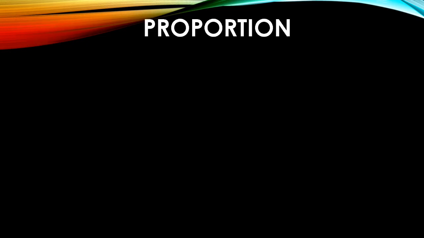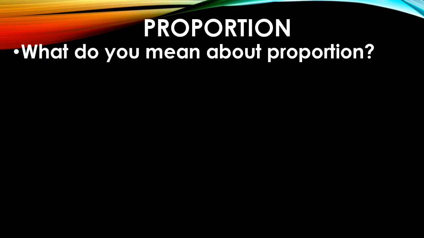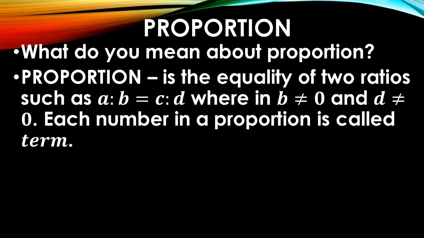Next is the proportion. So, ano nga ba or what do you mean about proportion? So, proportion is the equality of two ratios such as A is to B equals C is to D. So, dito kapag pinag-uusapan natin ang proportion, ang involved ay two ratios. Okay? Wherein, makikita natin dito, may equal sign sa gitna.